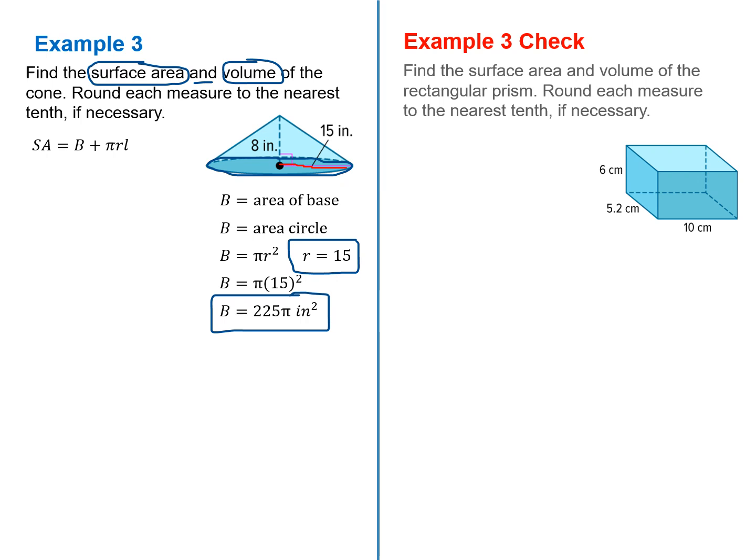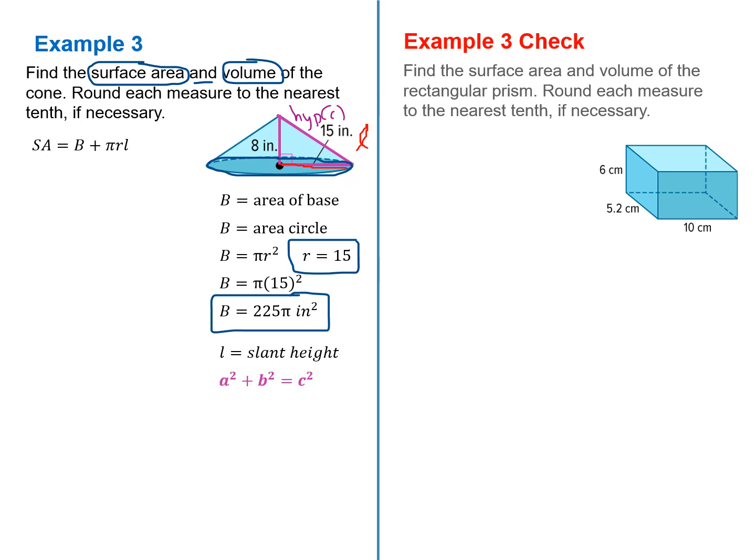The next thing we need, we have the area of the base, we have the radius, well, we need the slant height. So L is the slant height. And so as you can see, that is our slant height there. And I can go on to draw a right triangle, as you see there. And that means my slant height represents my hypotenuse. So I can use Pythagorean's theorem.